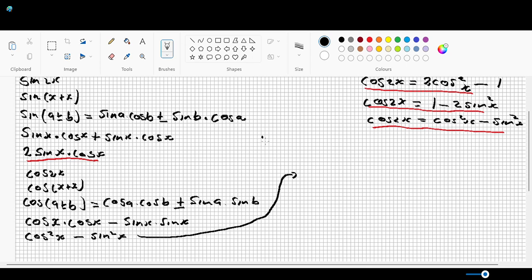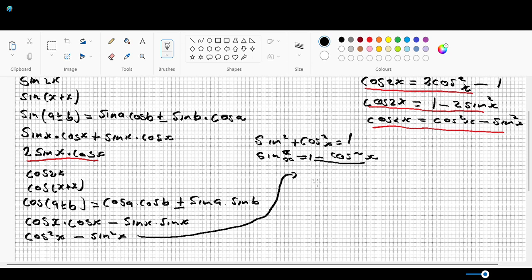So we have this identity here whereby sine squared plus cos squared is equal to 1. So if you decide to make sine the subject of the formula, you can have sine squared x equals 1 minus cos squared x. So we can substitute this here on this sine squared.